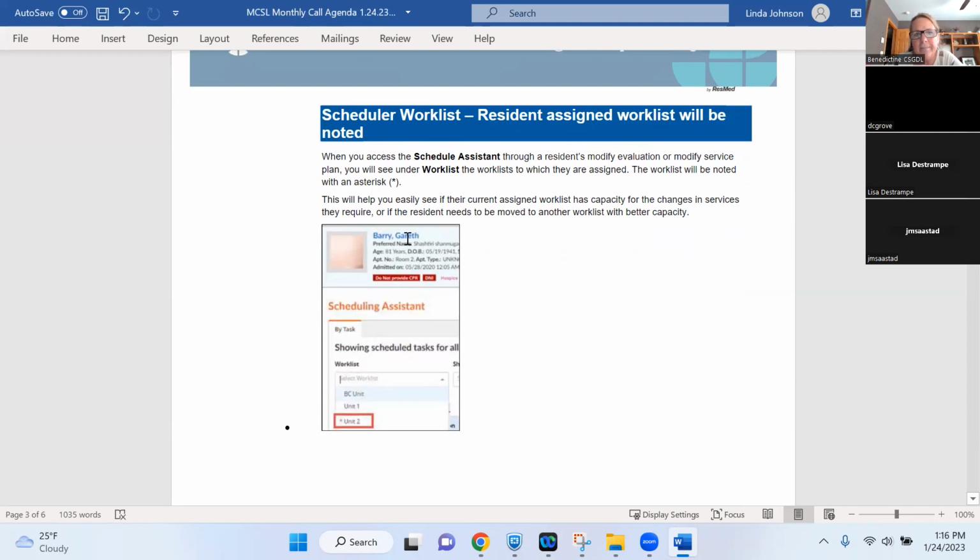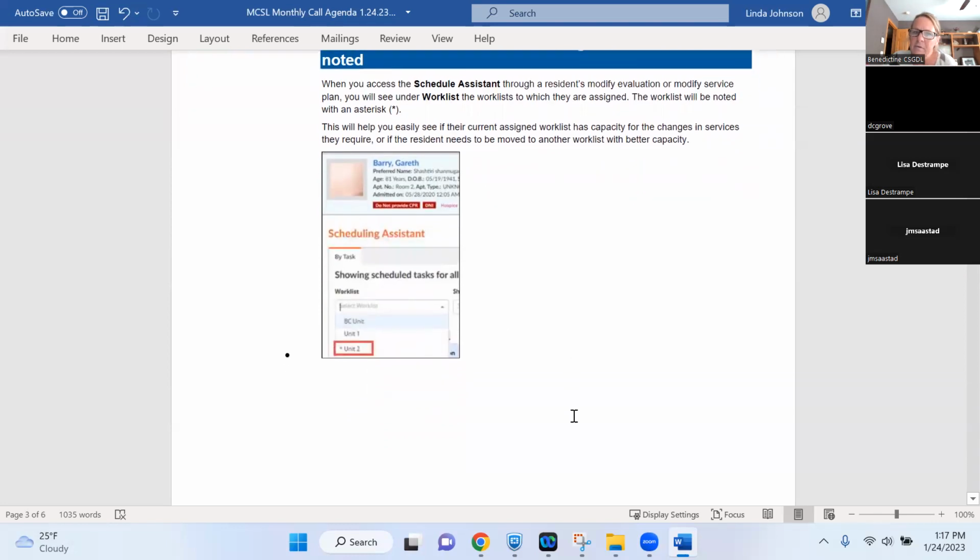So if I pulled up Barry Gareth, you'll see here, unit 2 under the work list, that's who Barry is under. It gives you an idea what work list to look at if you can't remember what work list they're on. It's a nice little feature that they added to that scheduling assistant. Has anyone seen that yet? It's been out about 5 days.